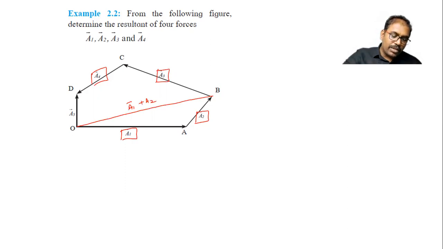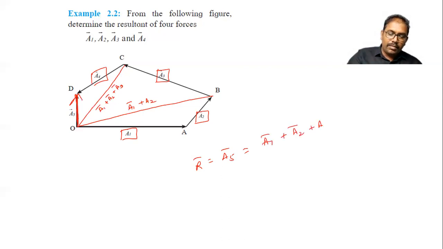Then for this triangle, OC is A1, A2 and this A3, so A1 bar plus A2 bar plus A3 bar. And then this is the resultant vector. This resultant vector is equal to A5 bar, and by the triangle law it is equal to A1 bar plus A2 bar plus A3 bar plus this A4 bar, and this is the answer for this problem.